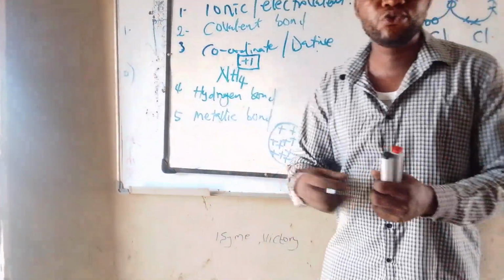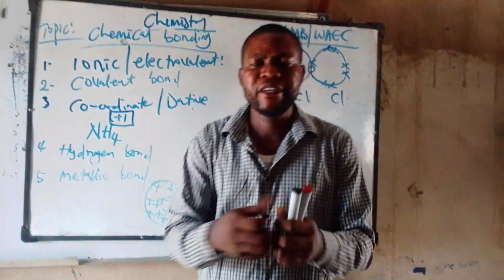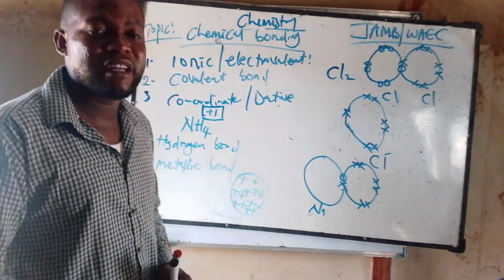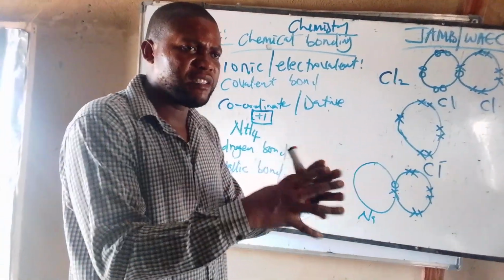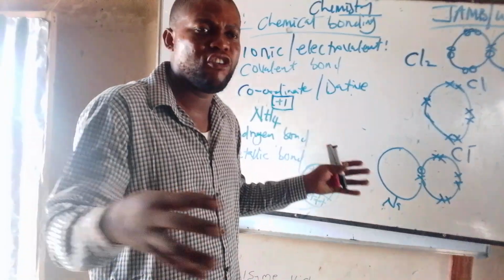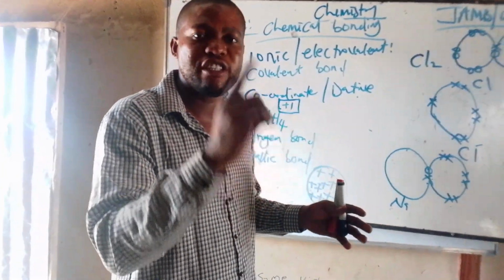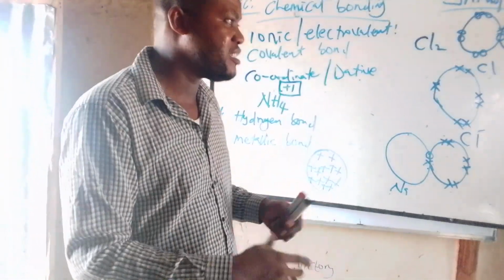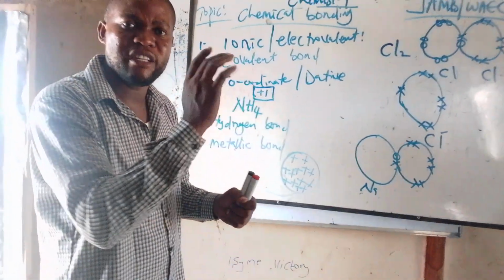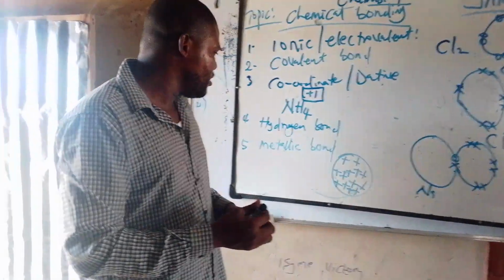The force holding sodium or metallic atoms together is called a metallic bond. This type of bond tends to hold particles of metals together so that they can form and be called a single entity or a single unit. It is a very strong bond that is mainly seen only in metals.